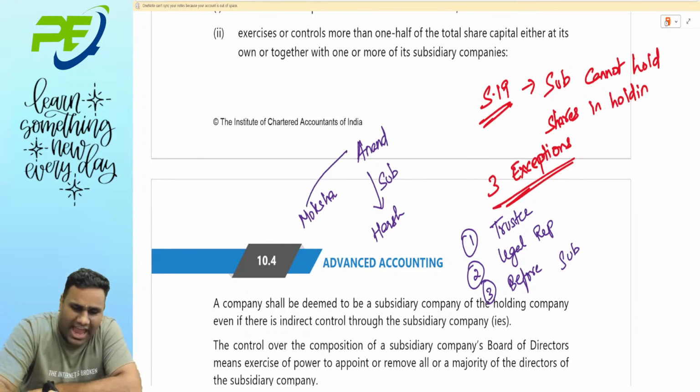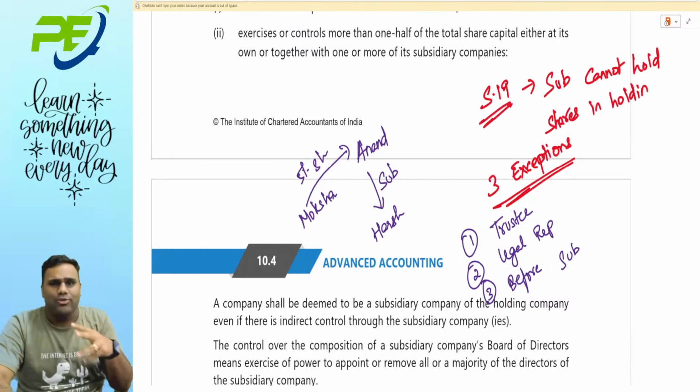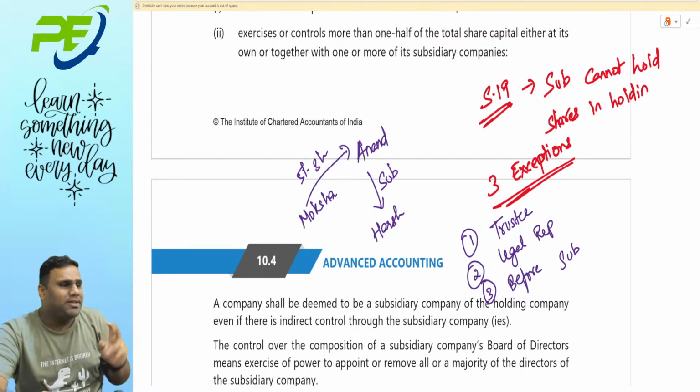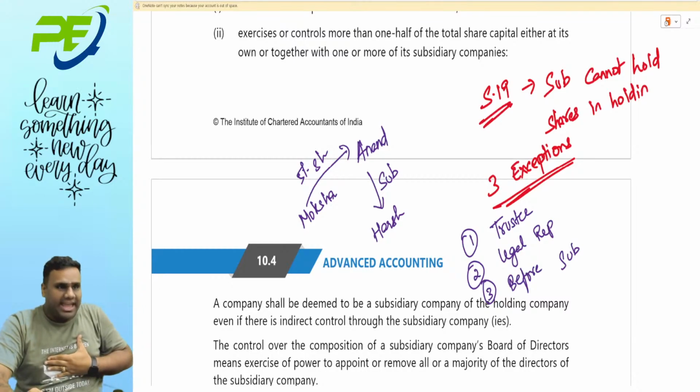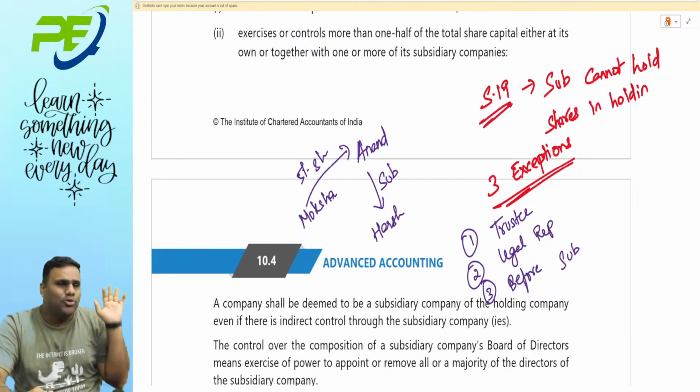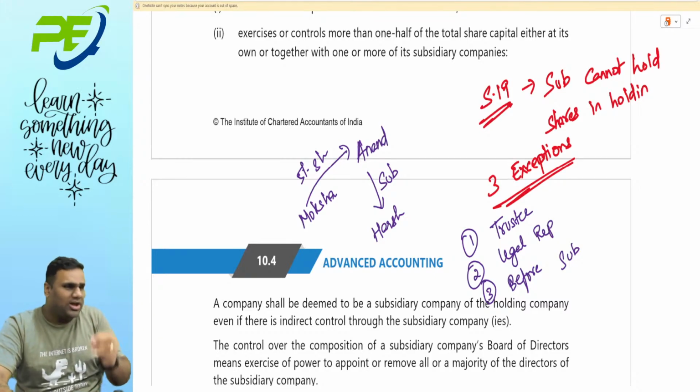Moksha had 5% shares in Anand Limited. Everyone, please try to focus on the example rather than the names. Moksha made a deed: after I die, my share should go to Harsh Limited.